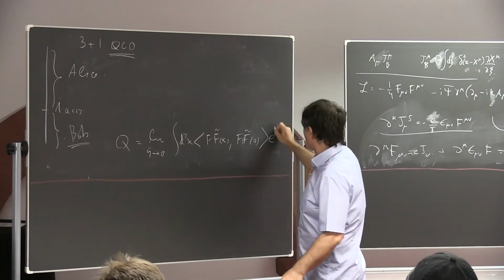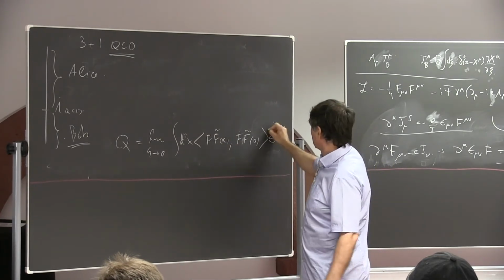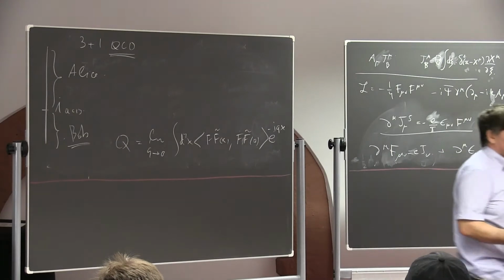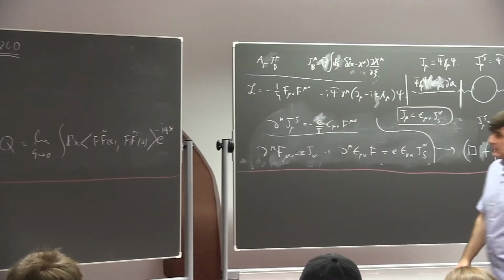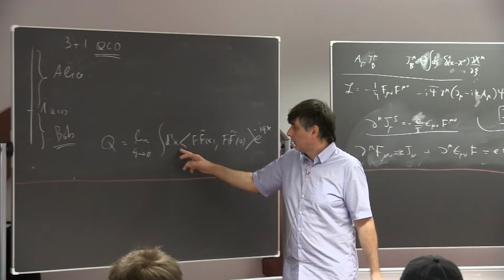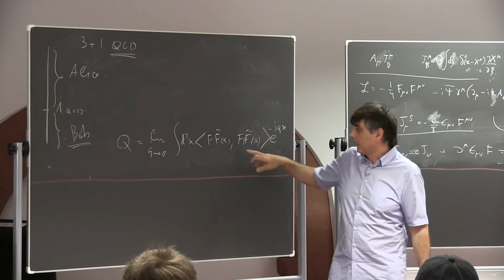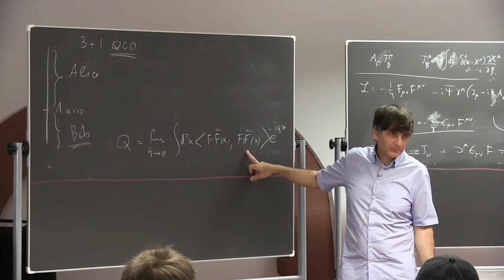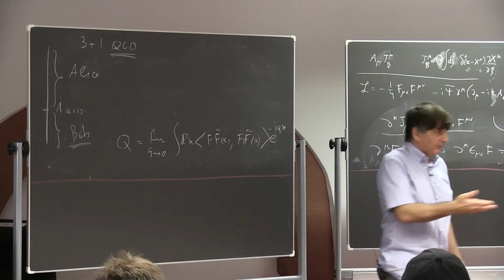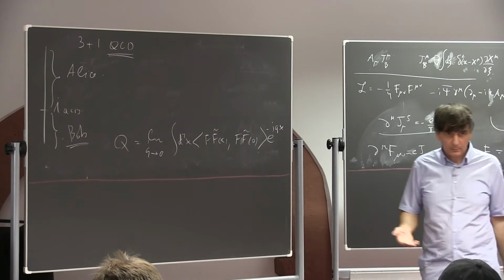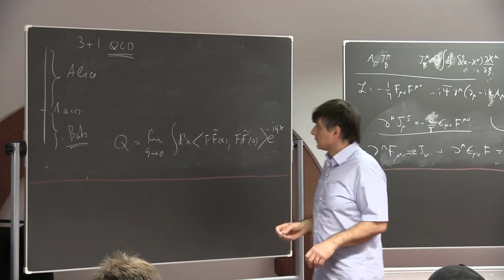Here and here we have e^{iqx}. So this is a low energy limit. Since we are interested in the vacuum structures, we are interested in deep infrared phenomena. So this is a zero momentum limit of the correlator. Now, this is topological susceptibility for the obvious reason, because F F dual is topological, right? F F dual you have seen many times, but let me just remind you what the notations are here.